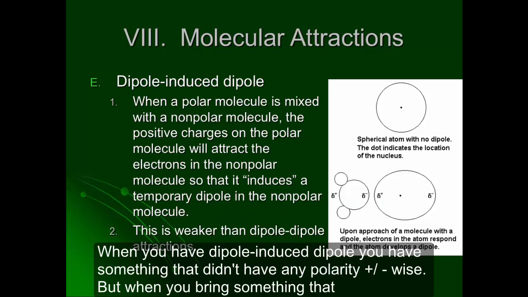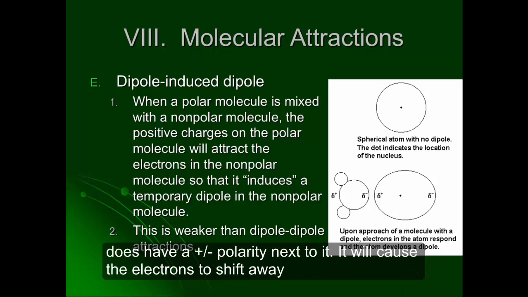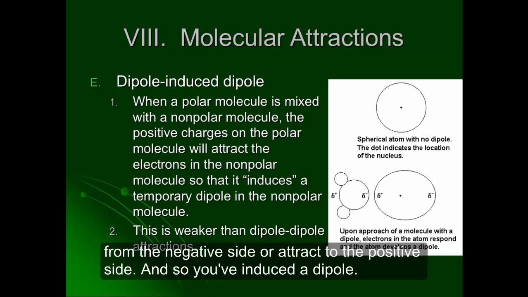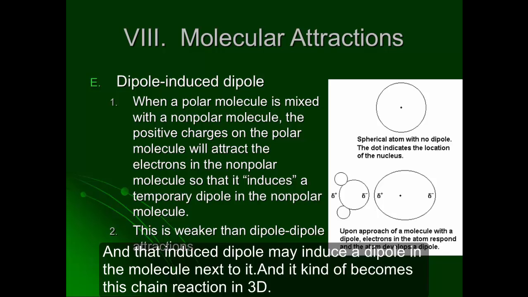When you have dipole-induced dipole, you have something that didn't have any polarity plus-minus wise. But when you bring something that does have a plus-minus polarity next to it, it will cause the electrons to kind of shift away from the negative side or attract to the positive side. And so you've induced a dipole. And that induced dipole may induce a dipole in the molecule next to it, and it kind of becomes this chain reaction in 3D.